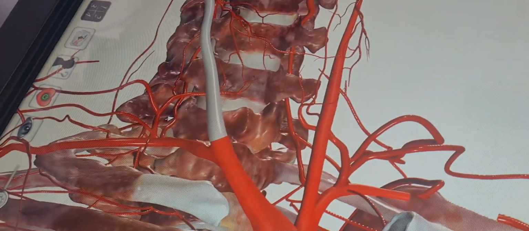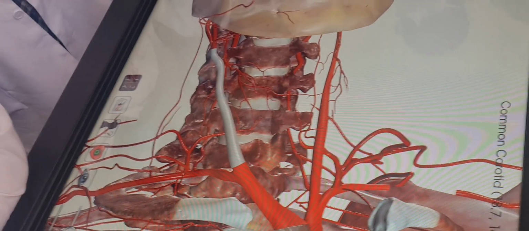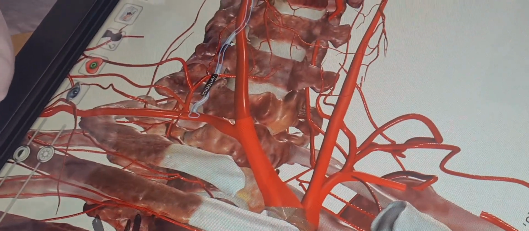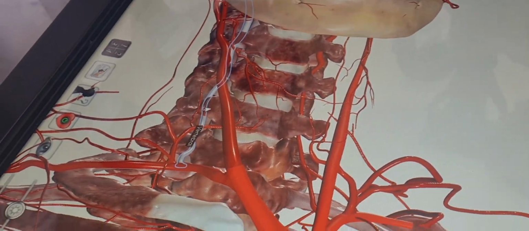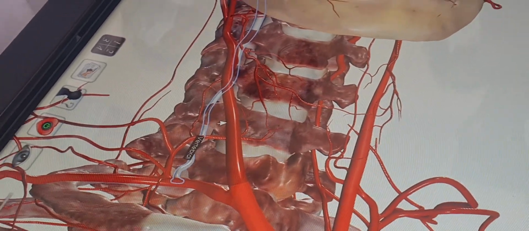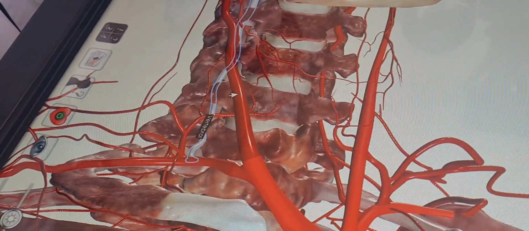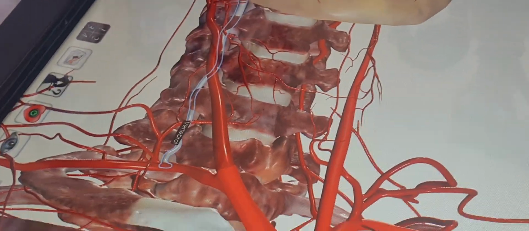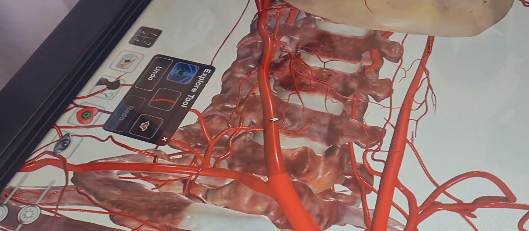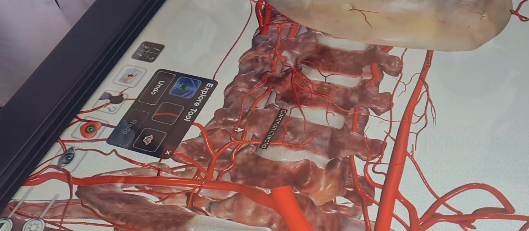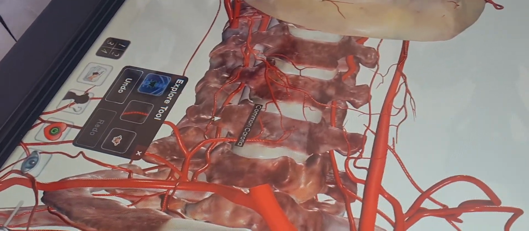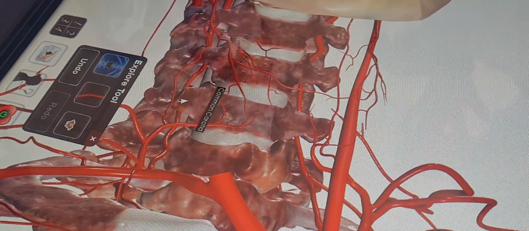Look here. This artery, that is arteria vertebralis, and arteria vertebralis goes to transverse processes of cervical vertebrae. Now I remove the common carotid artery, and you can see that it goes to transverse process of cervical vertebra.